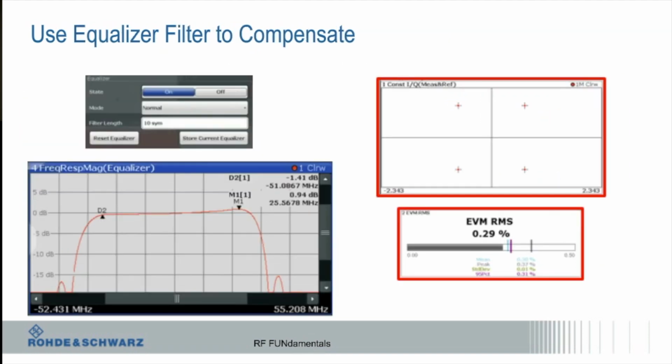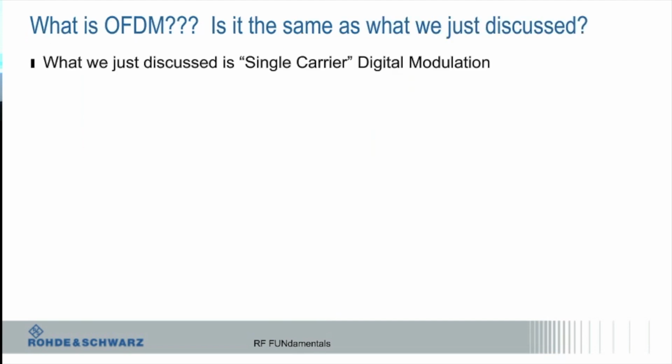So I can turn on equalization and you can see those go away. I went from an EVM of 5.5 to an EVM of 0.29. So in this case, I know that I have a frequency response error, and I can fix it with the equalizer, but it's telling me in terms of the design of my system, that's the thing I need to focus on.